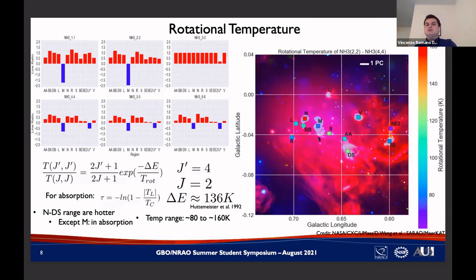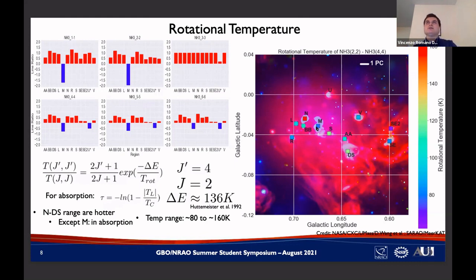We observe this trend generally, but two components that stand out are region M and region U. Region M is a lot cooler than we expect in this image, and as we can see here, for 2,2 and 4,4, M is in absorption, so we should expect a cooler temperature for our data.